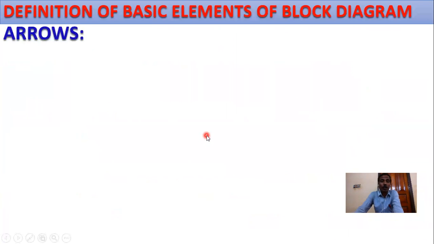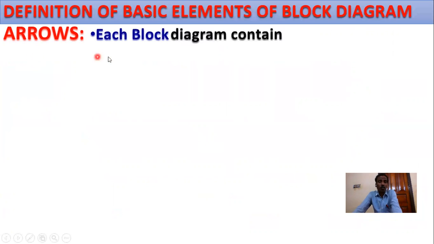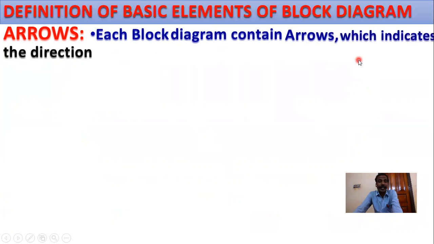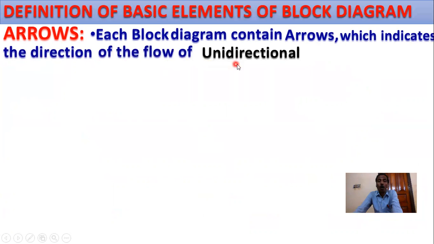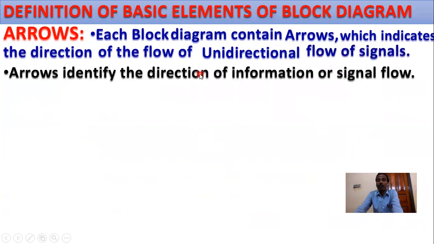Then definition of the basic elements of block diagram: arrows. Next point, arrows. What is an arrow? Each block diagram contains arrows which indicate the direction of the unidirectional flow of signals. Also, arrows identify the direction of information or signal flow, and the forward path.